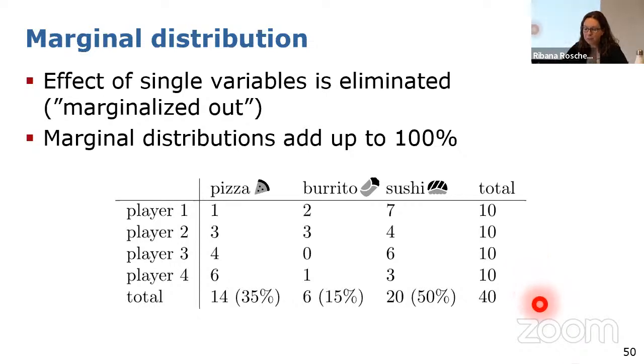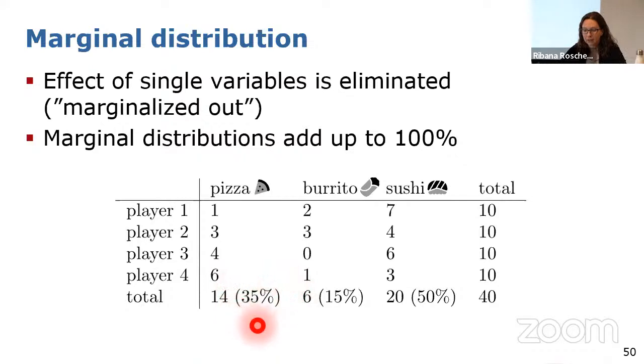Then we can compute the marginal distribution of pizza, burritos, and sushi. That means the overall preference independent of a single player. The concept of marginalization is that the effect of single variables is eliminated, so they are marginalized out. Here we compute the marginal distribution of pizza, burrito, and sushi independent of all players by summing up.